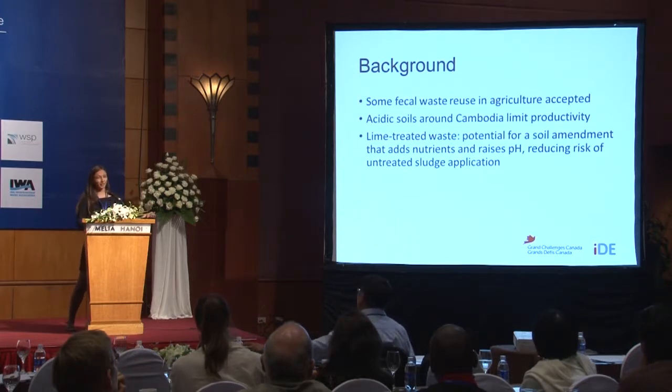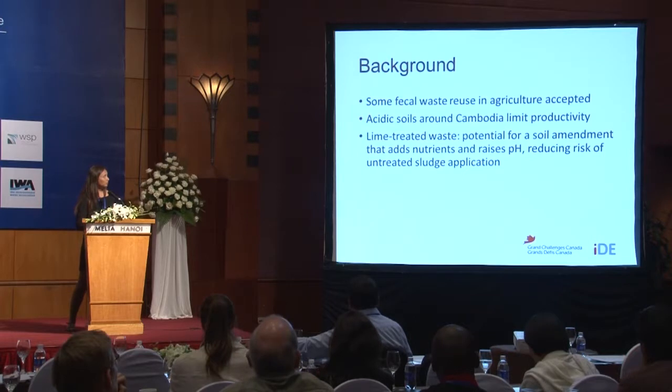So actually applying lime, even without sludge, just lime itself, is a recommended practice to increase soil pH. So we have here lime-treated waste with potential as a soil amendment that both adds nutrients and raises the pH to improve yields, and also reduces the risk of using untreated sludge and disposing of untreated sludge.